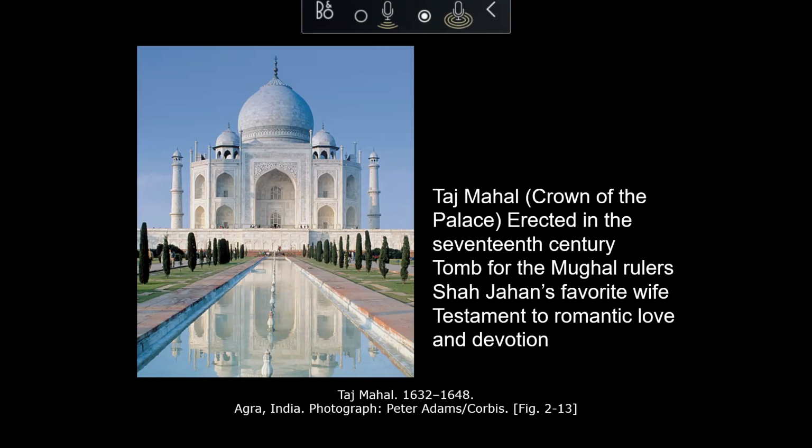So this was definitely a testament to the romantic love and devotion that he felt towards his wife. And so we can see this gorgeous symmetry, beautiful white marbles. There's also some pinks and grays in there. But if you've never seen it, here it is, the Taj Mahal.